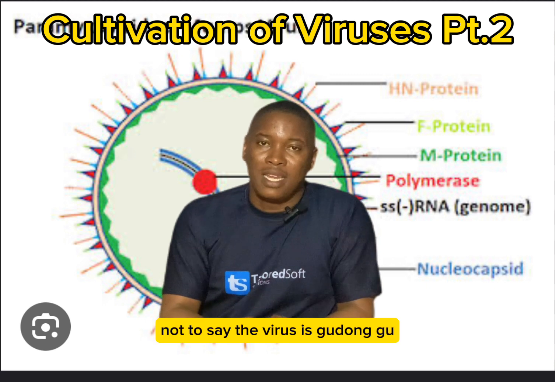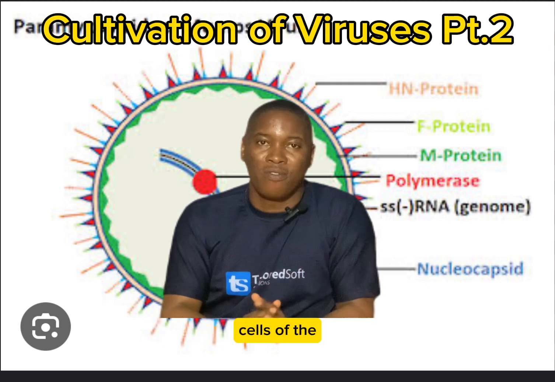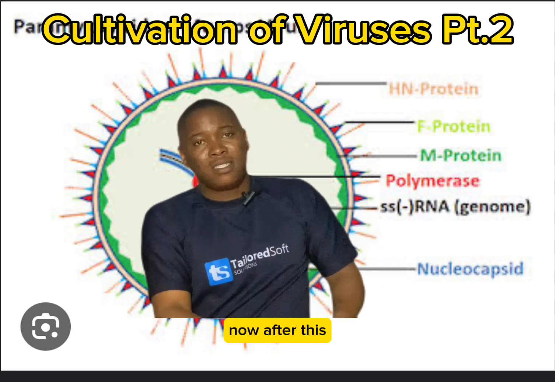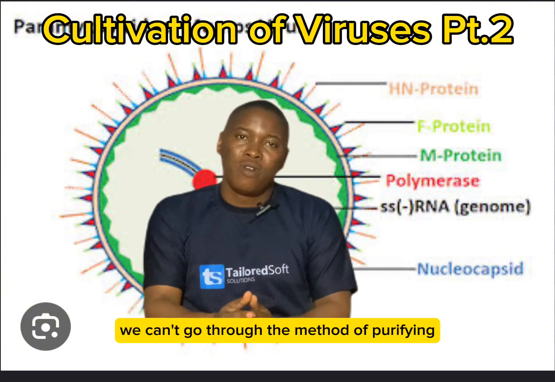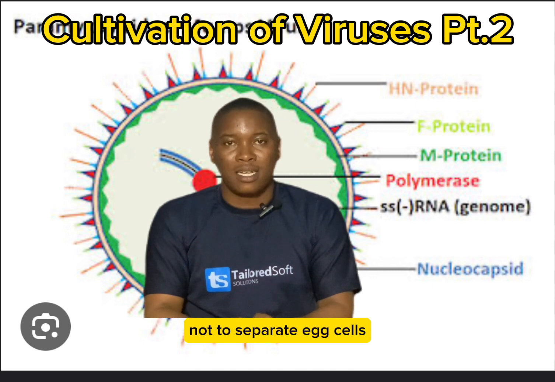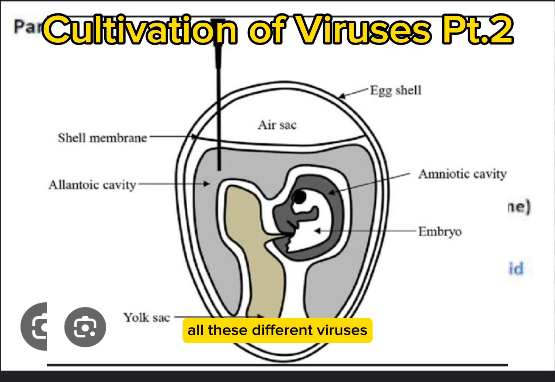We will notice that the viruses have grown inside all the different cells of the embryonated chick egg. Now, after these viruses have replicated inside this place, we go through the method of purifying the viruses. This method is to separate egg cells from the viruses so that we can study all these different viruses. This one is very important to know.